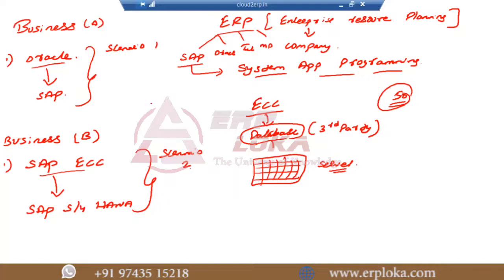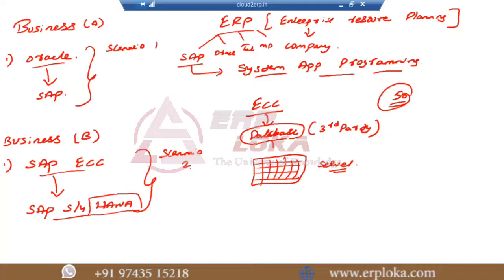When it comes to S/4HANA, they created or they invented their new database called HANA. HANA is nothing but a database. Okay, the main difference between ECC and S/4HANA is the database. So in ECC, they did not have their own database. In S/4HANA, they have their own database called HANA.